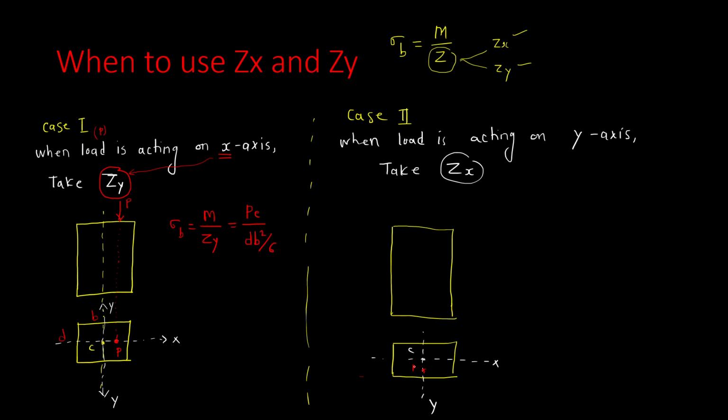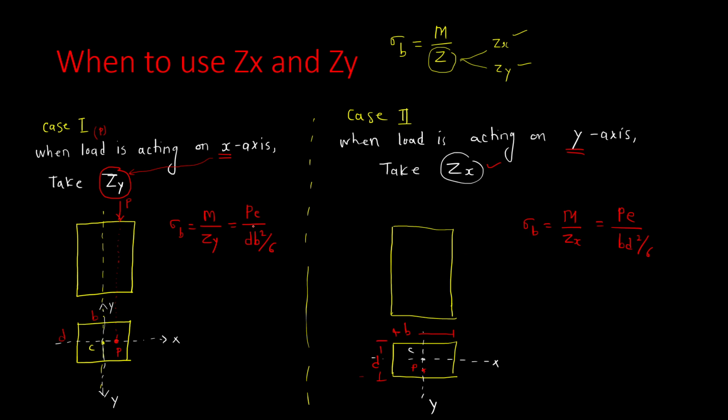So this is the location of the point load. Now you can see the point load is acting where? It is acting on the y-axis. So as it is acting on the y-axis, take Zx. So the calculation of sigma B in this case will be sigma B equal to M divided by Zx. M is nothing but P into e, and the formula for Zx is bd square by 6, where b is this dimension and d is this dimension.